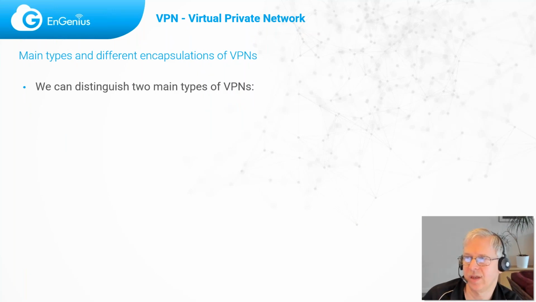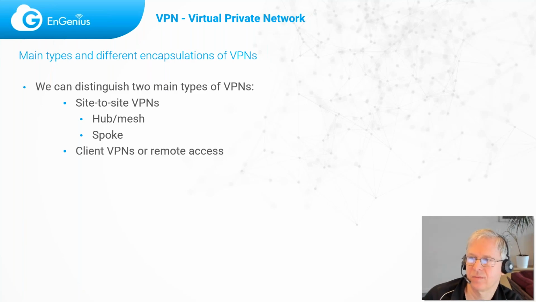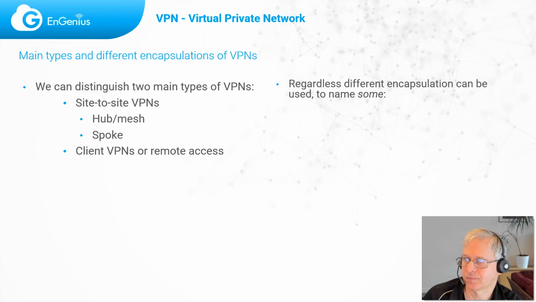Then we can distinguish two main types of VPNs. The site-to-site VPNs, in that, the hub and spokes or mesh VPNs, and the other main type is the client VPNs, or remote access. Then we have a lot of different encapsulations that can be used.